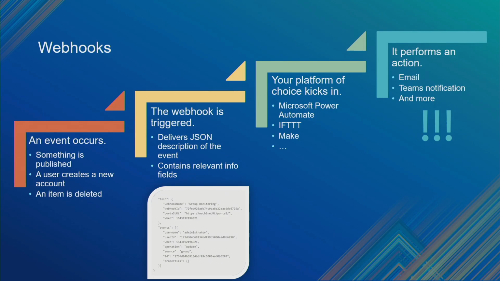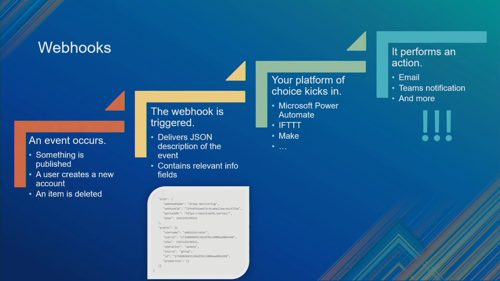You can integrate these into webhook systems like Microsoft Power Automate, and then finally get a notification via email, Microsoft Teams, or even Slack if you're using something like that. ArcGIS Enterprise supports 2 types of webhooks, and I'll go over the difference between the 2 of them in the next slide, but they are organizational webhooks and service webhooks.